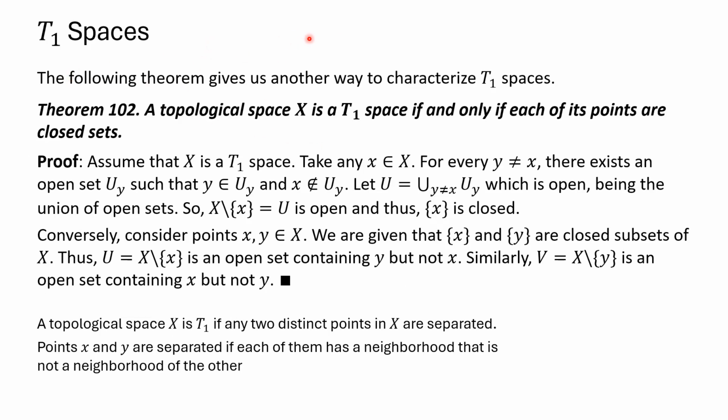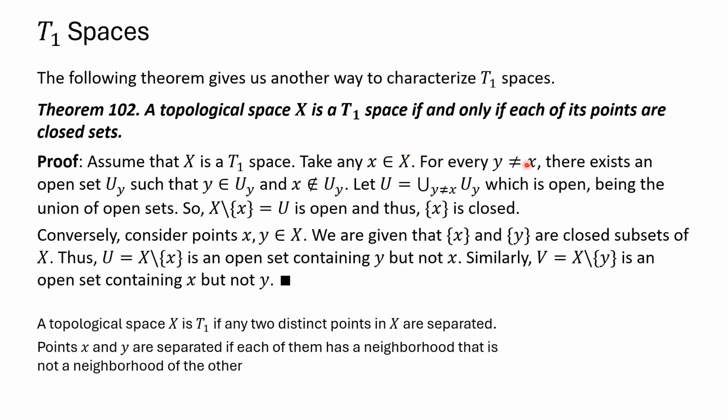The following theorem gives us another way to characterize T1 spaces. A topological space X is T1 if and only if each of its points are closed sets. Let's go in the forward direction. Assume X is a T1 space and take any X in our topological space.